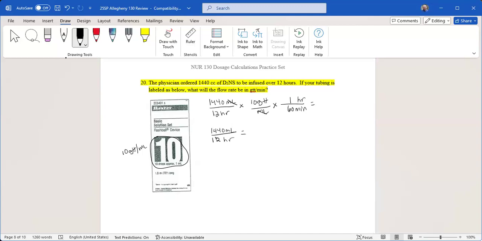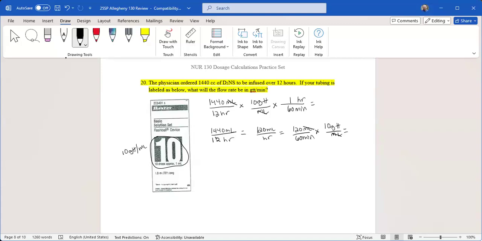If I take 1440 and divide it by 12, I get 120 milliliters per hour. What's an hour? An hour is 60 minutes. So I can actually start here, then multiply by my drop factor, and I'll be getting the same answer. So milliliters will be gone. I'll be in drops per minute. Okay, so that's strategy one.